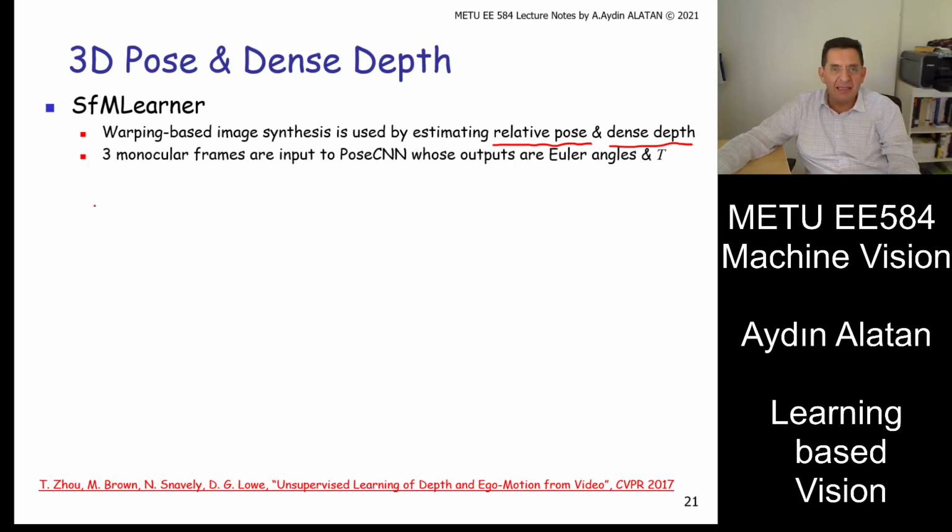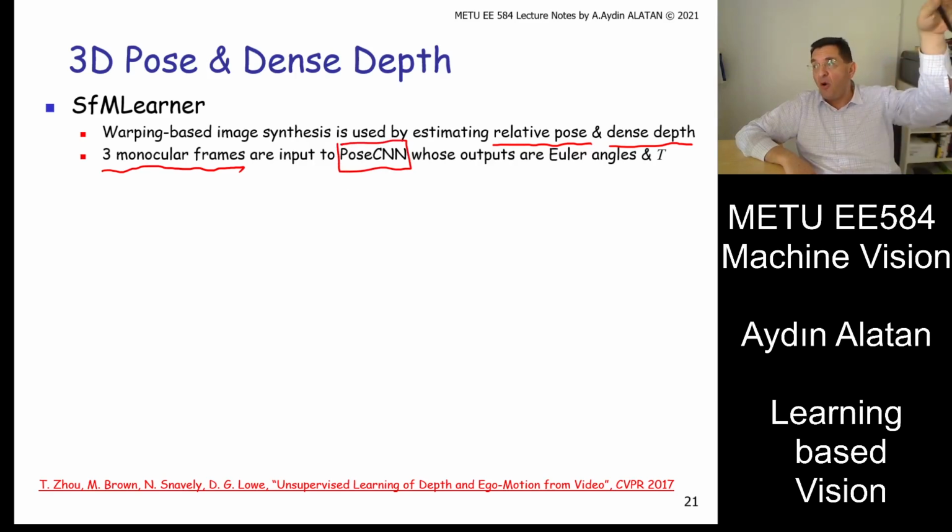Now the trick is we will have three monocular frames. That's interesting because there is no stereo here. Time, only a monocular camera and time information. And there is a pose CNN, something like a PoseNet, but this time there are no ground truth poses that you know.